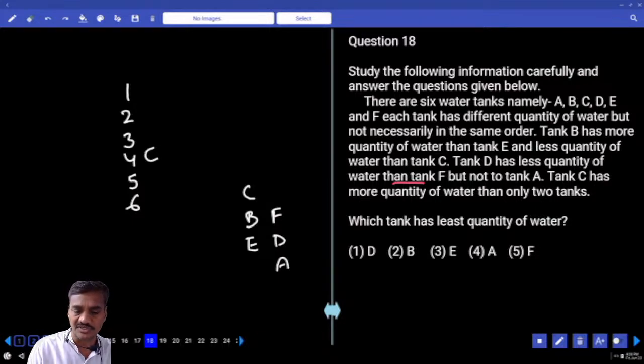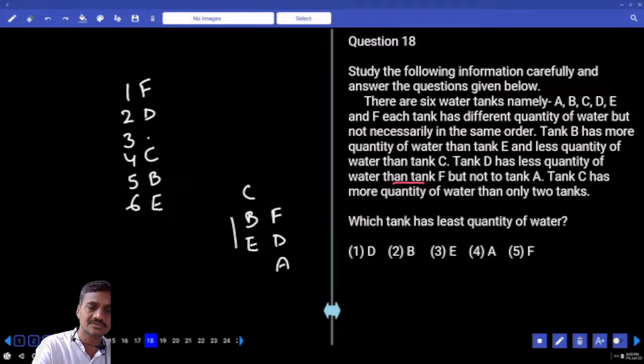And if C is here, B and E must have followed by this one, B and E will be like this. Now if B and E were like this, F, D and E were like this. Completed? Then this is about question numbers 18 to 20.